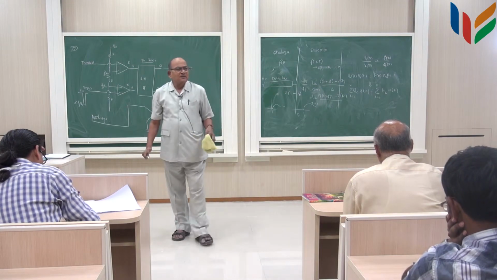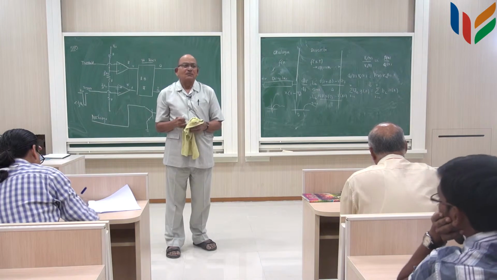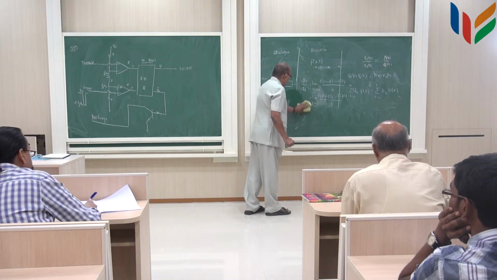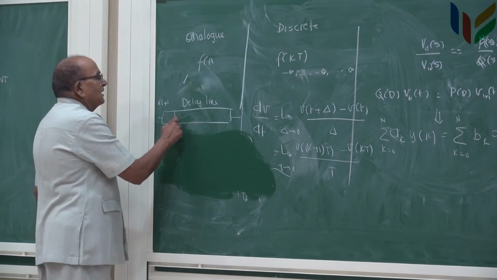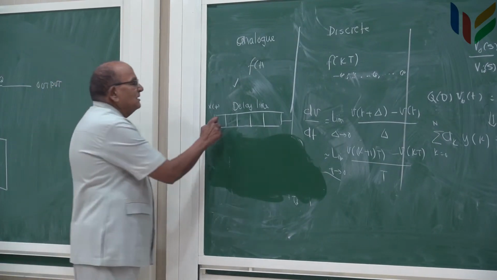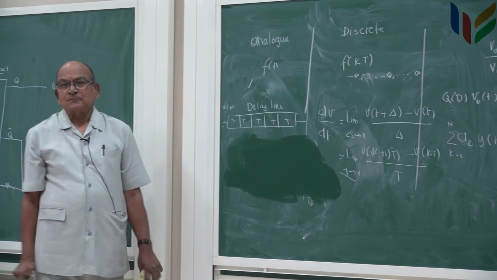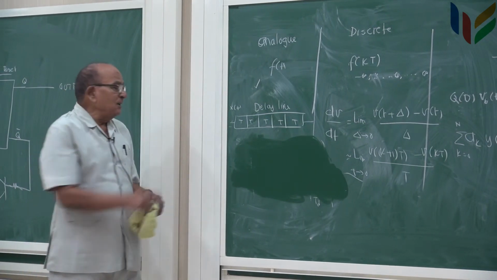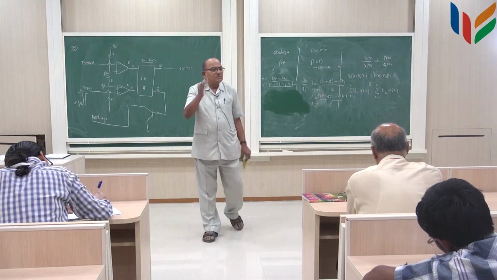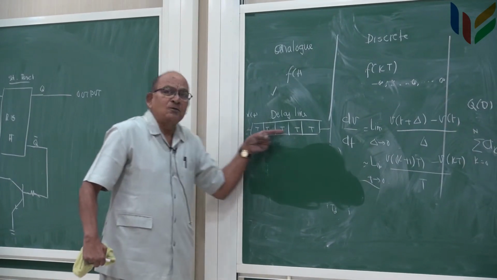There are problems in making delay lines, but let us hope that there is a delay line available. If you have such an approximate delay line available, then I can discretize the delay line, and each delay is T, T, T. At the input I sample the input x of t at integral multiples of T, and the sample goes into this and goes on going like this.